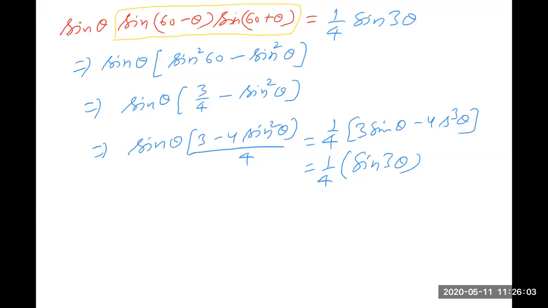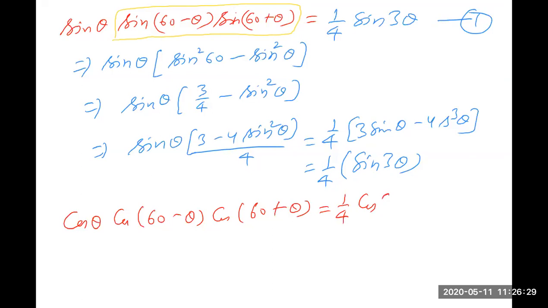This is a very, very important formula. You must remember this. A similar formula is cos theta, cos 60 minus theta, cos 60 plus theta, and instead of this 60 degree, this can be 240 also. This will be 1 upon 4 cos 3 theta.